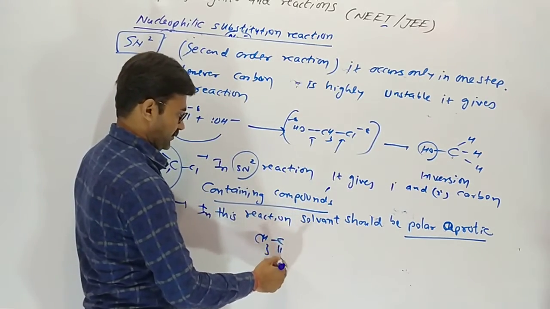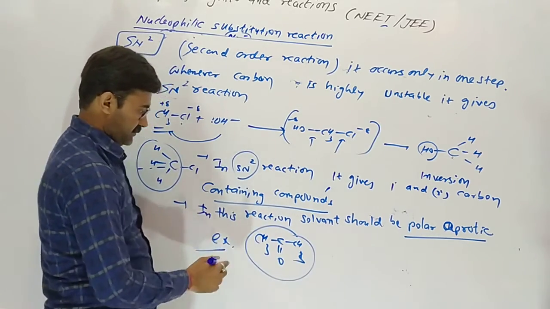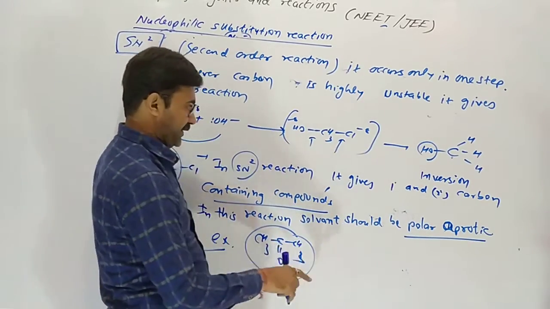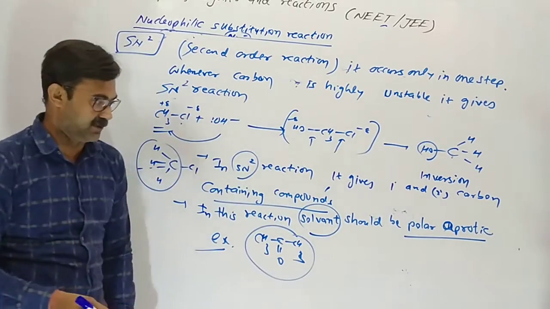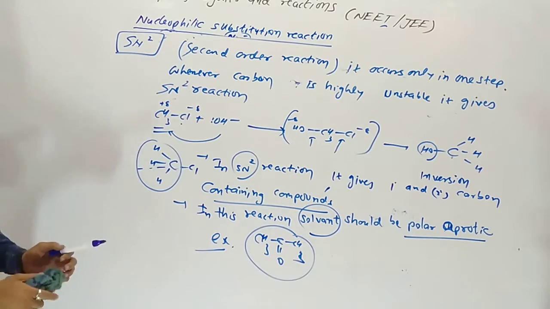So acetone, for example. Which type of solvent? Polar but aprotic. The solvent does not give H plus ions like water or alcohol. So it gives the SN2 reaction.